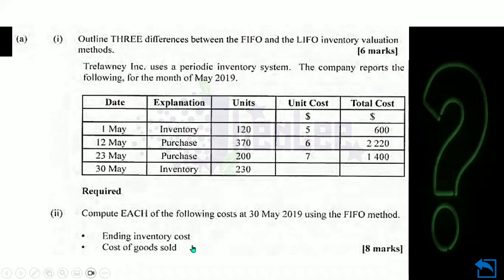And remember, in calculating cost of goods sold, it is simply opening stock, add purchases, less closing stock. So from the question, we have opening stock, and the opening stock is on May 1st, total number of units, 120, and the cost per unit is $5. And we're going to enter that in our workings.